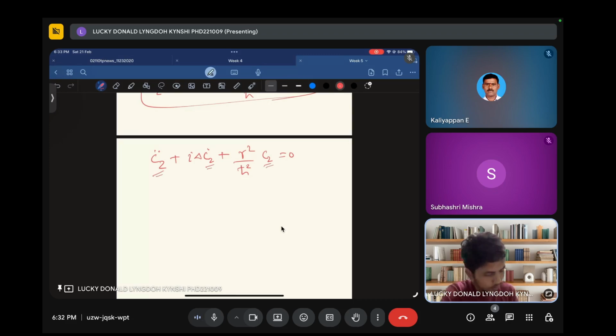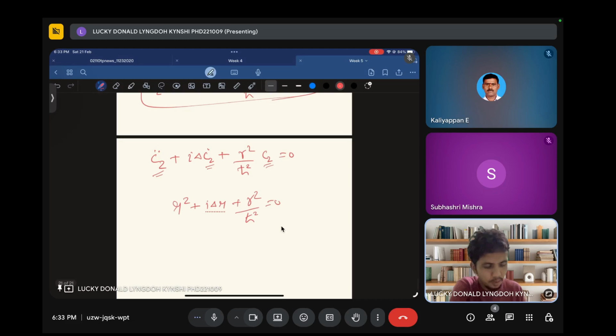So that differential equation you can write with some r. The characteristic equation of this will be simply r square plus i delta r plus gamma square by h cross square equal to 0.